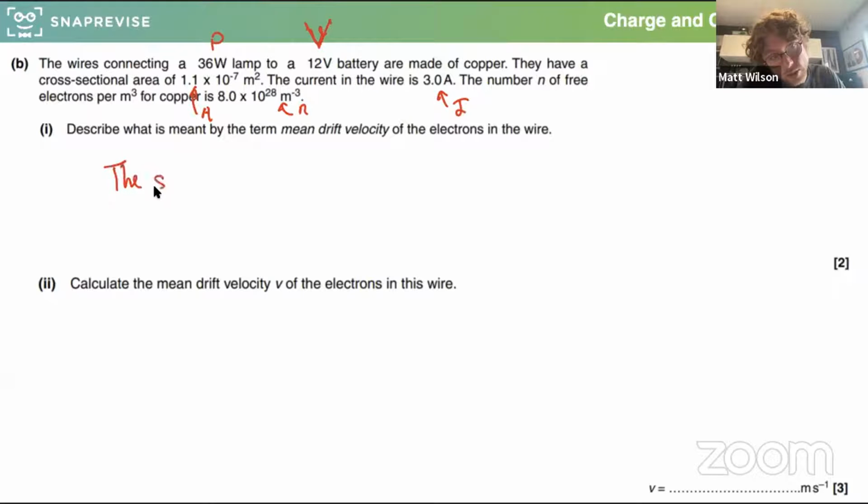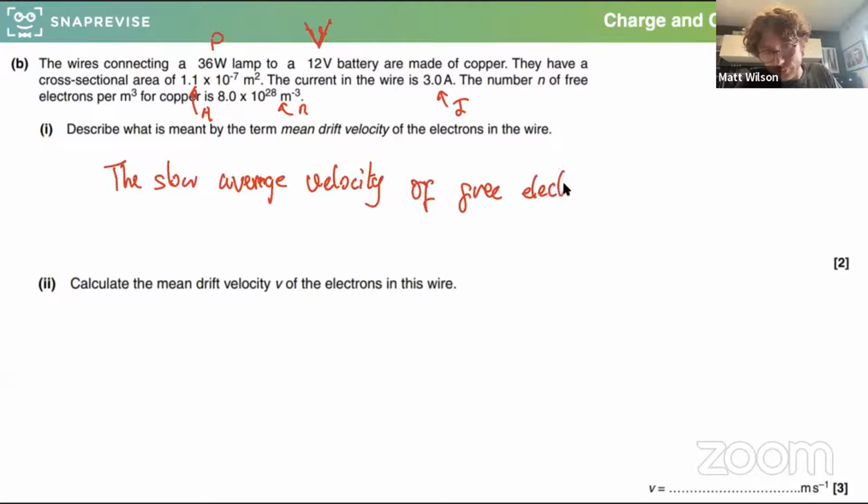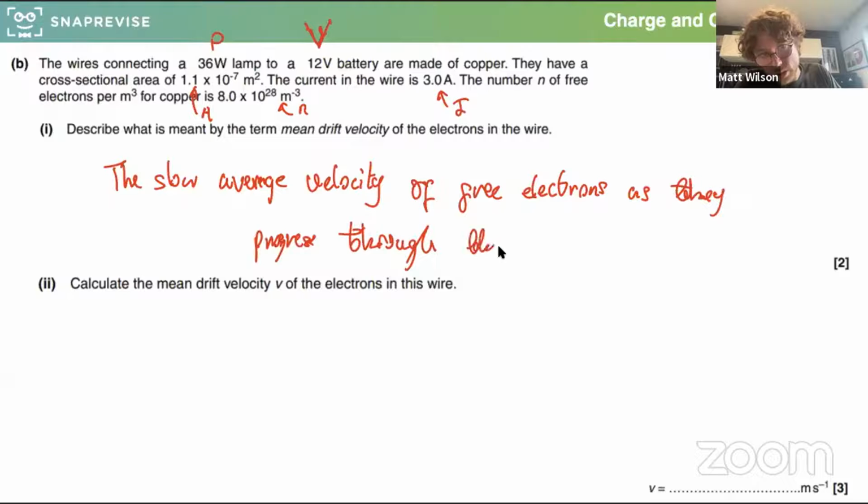It is the slow, just as we said before, the slow average velocity of free electrons as they progress through the wire. Good.